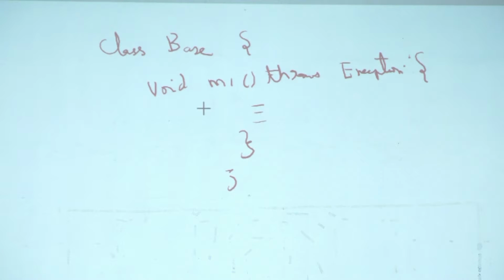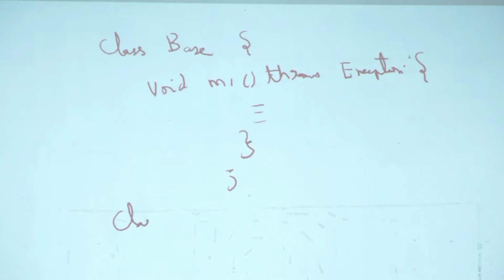So please understand what I have created. It's simple. I have created a class Base. That class Base has a method M1. M1 throws an exception, obviously a checked exception. Throws Exception, I have this.